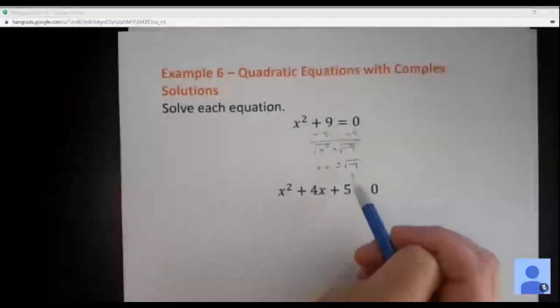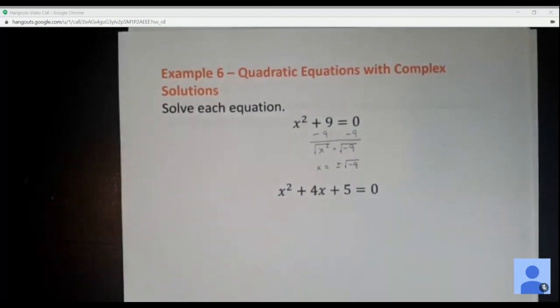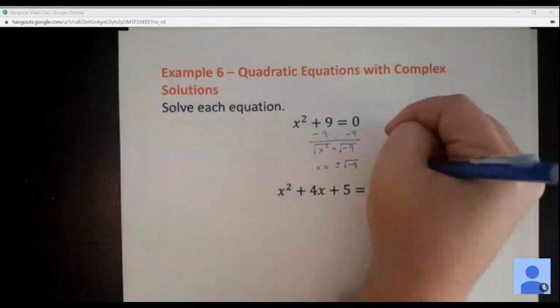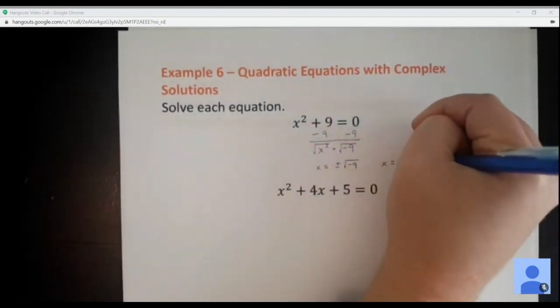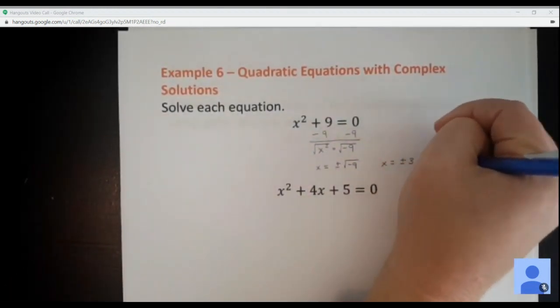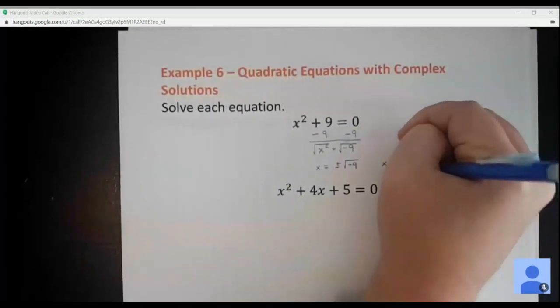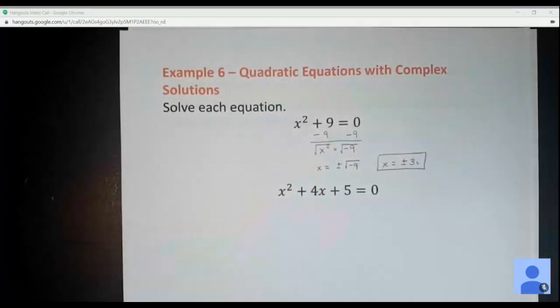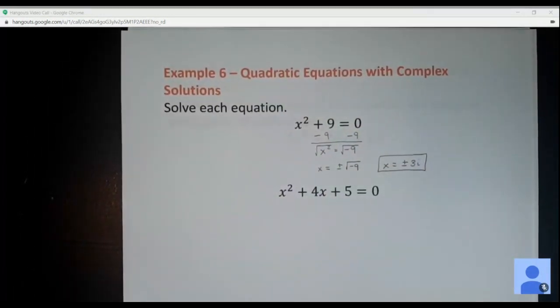So what is the square root of negative 9 going to give us? Awesome. This tells us x is equal to plus or minus 3i, and that right there is going to be our final answer. So we have two solutions, positive 3i and negative 3i, right?